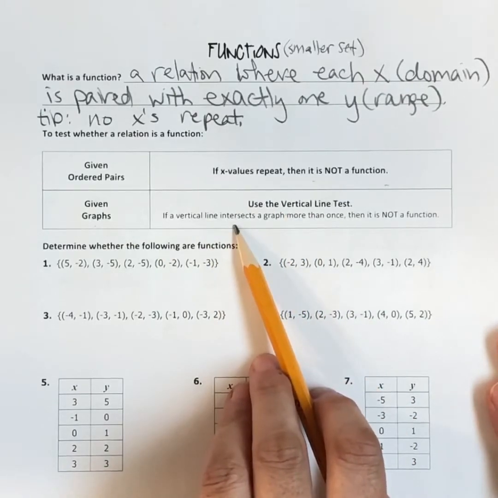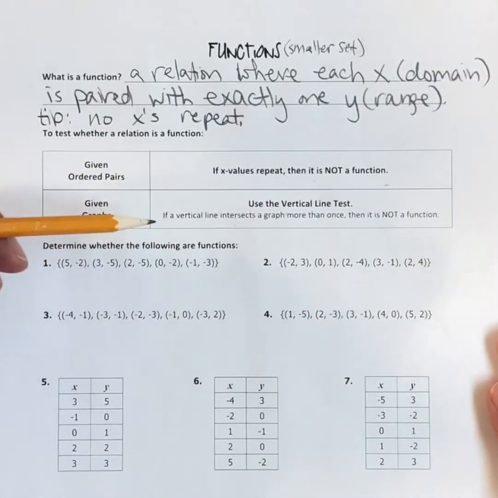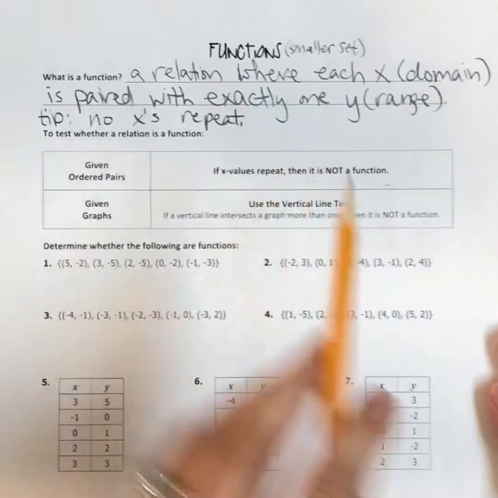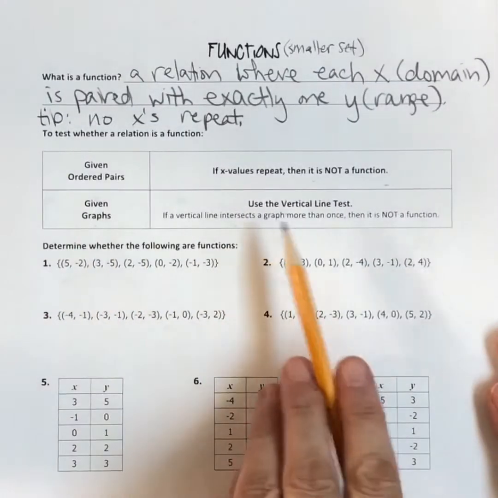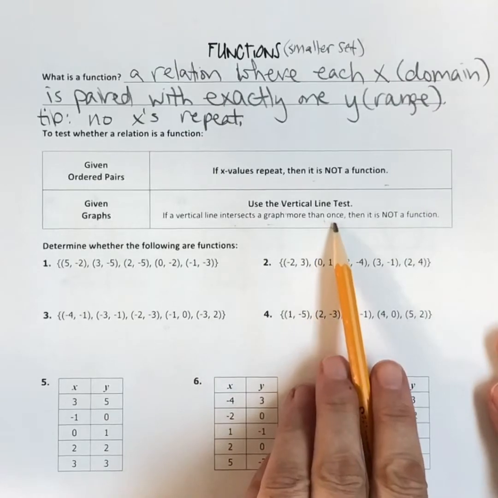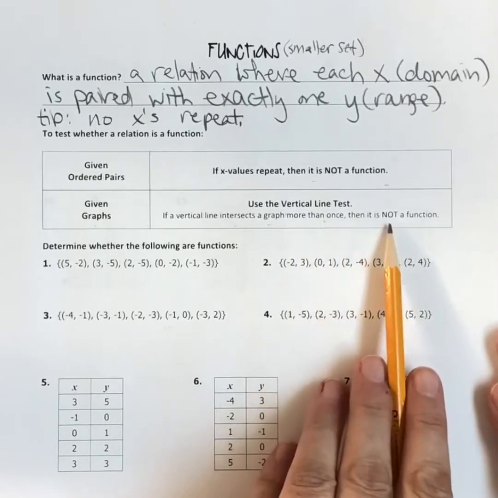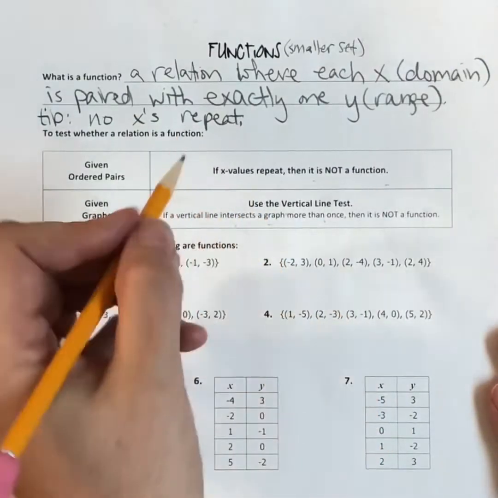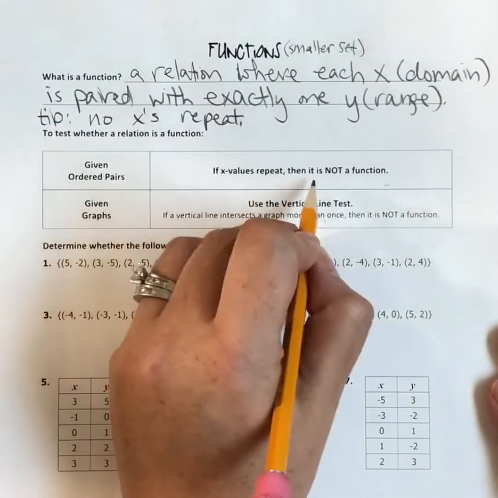Basically, you're going to do all your imaginary vertical lines, and if it only hits 1 point per imaginary vertical line, it's okay. But if it hits more than once, and we'll talk about this in a second with some examples, then it's not a function. And I'll show you also in the mapping, if the x values repeat, then it's not a function.